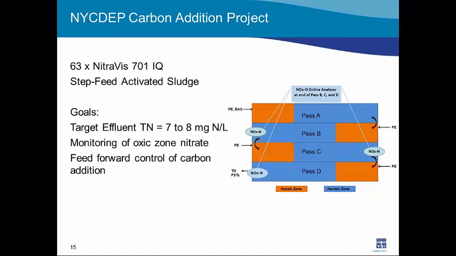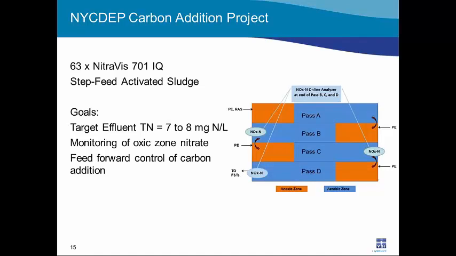Feed-forward is a different strategy, and it involves some calculation of how much carbon to add. So they've also employed a BioWin controller together with that online nitrate measurement to calculate the amount of carbon to add to each step feed anoxic zone.